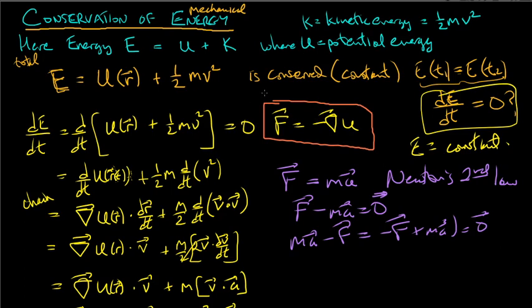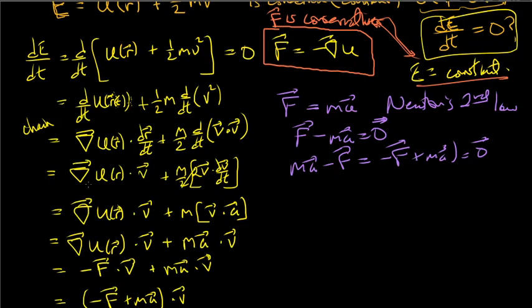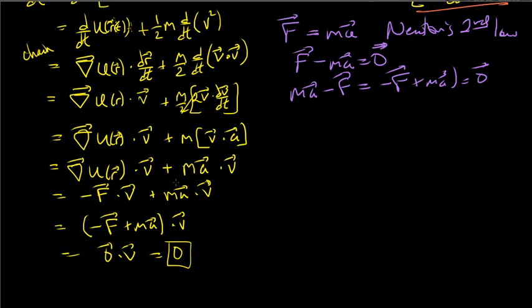In other words, that the force is conservative. In that sense, if the force is conservative, of course you conserve energy. So maybe this is somewhat of a tautology. If the force conserves energy, then energy is conserved. If energy is conserved, then the force is conservative. So we really didn't show anything we didn't already know.